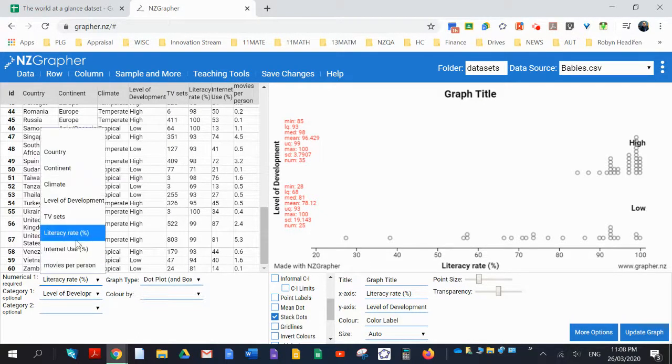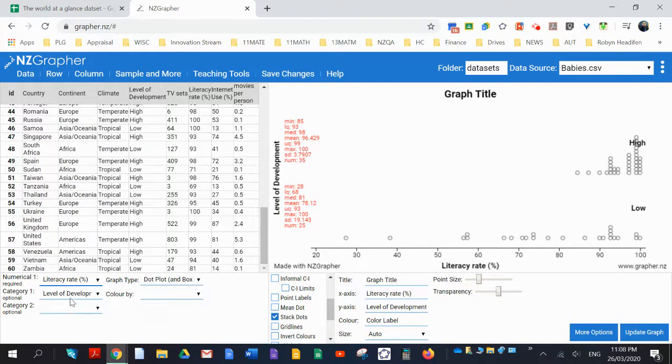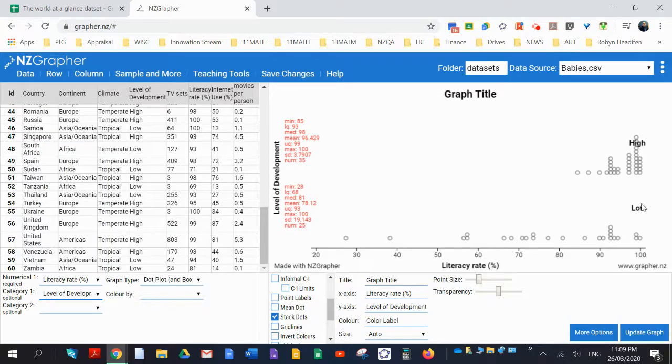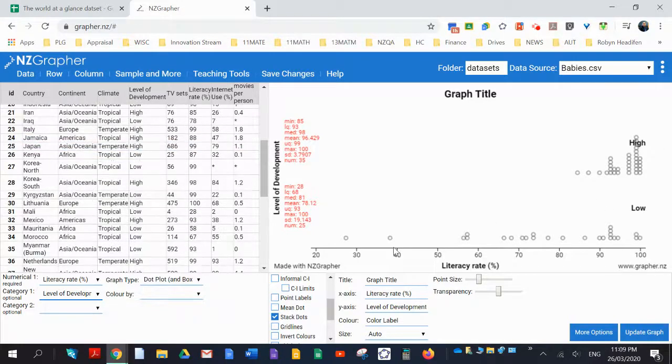So I took the literacy rate, which was of interest to me, and I would like to see level of development. As you can see, level of development is the development level of a country. Is it a low developed country or a high developed country?